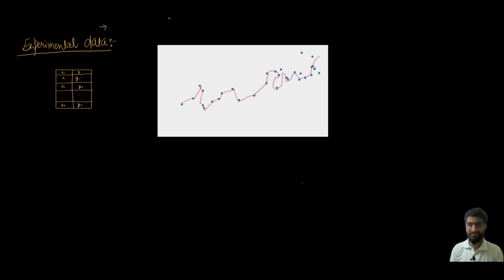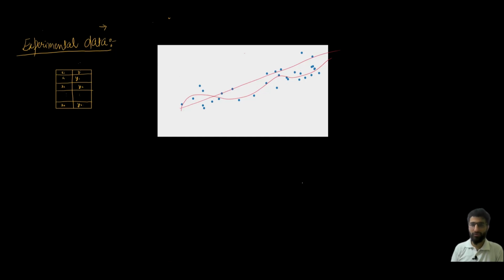But is this mathematical model, joining the points with line segments, a good choice for this data? You may fit some arbitrary curve which is trying to explain it, but is this better than just fitting a line?